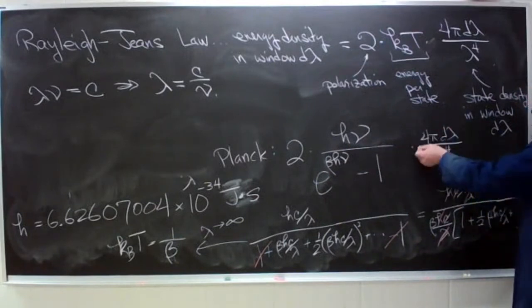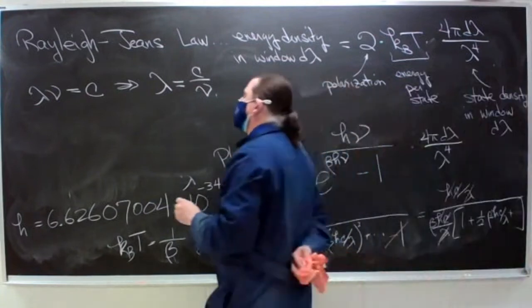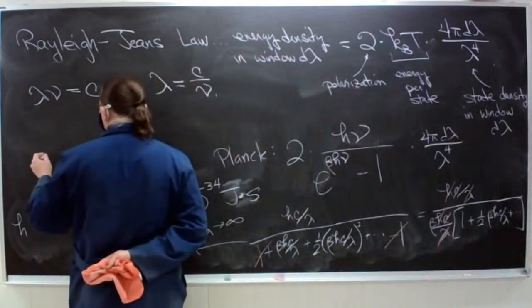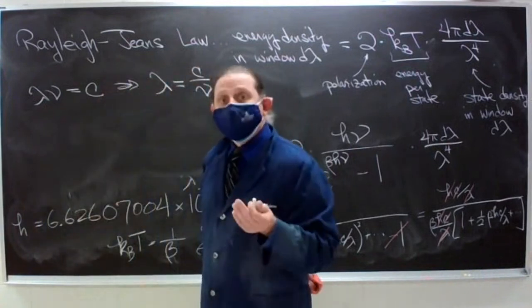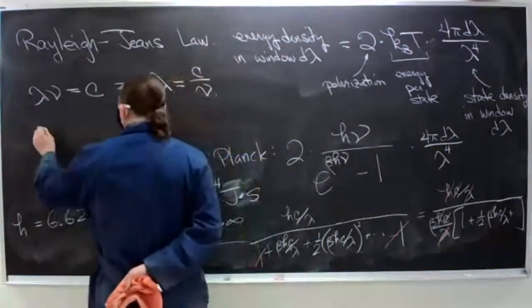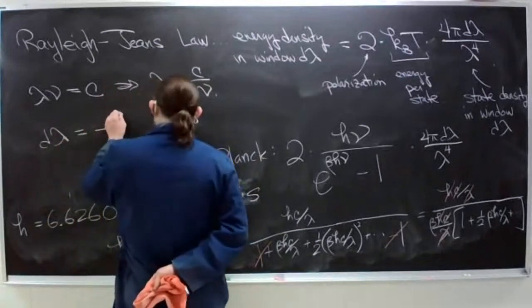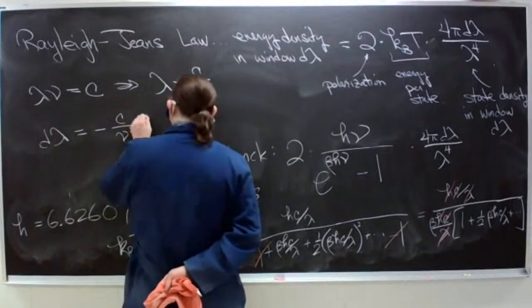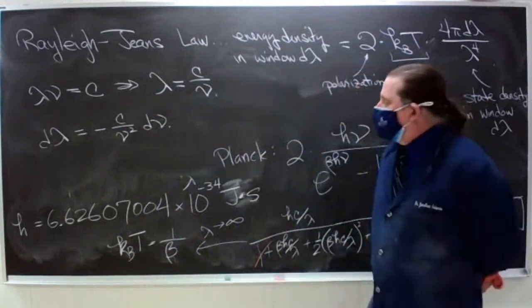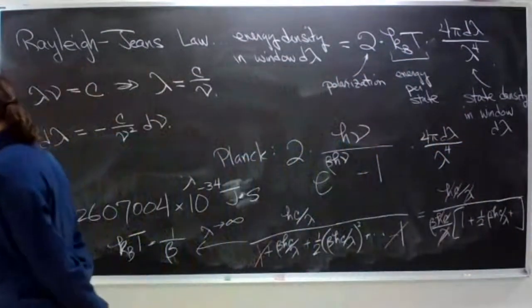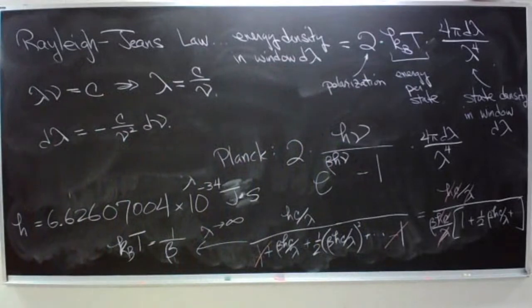And now I'm going to turn this into an expression involving a frequency window d nu. So if we take the differential here, we find that d lambda is equal to minus c divided by nu squared d nu.